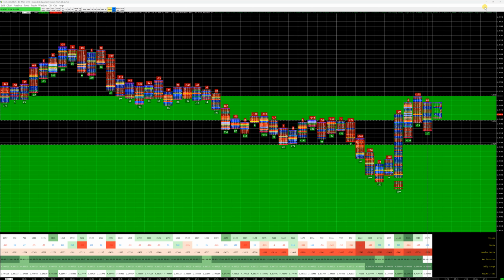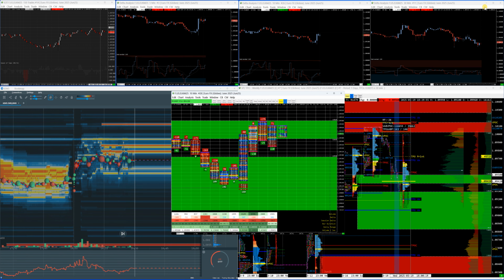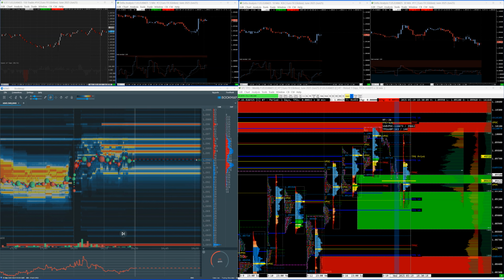So that's what I meant earlier. Even within what appears to be uncontrolled chaos, it is orderly chaos, if that makes any sense, a lot of the time.